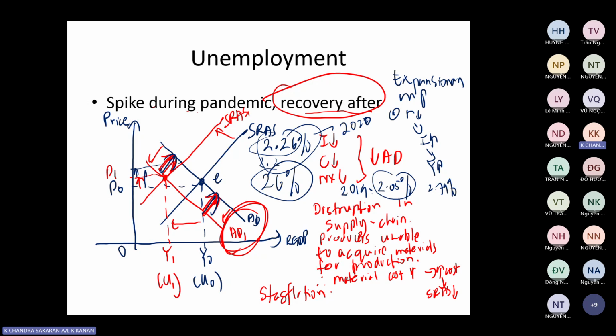So how has the spending gone up? Two ways. One is fiscal policy. Number two is monetary policy. But your focus will be to talk about the monetary policy used by the government of the country that you have chosen during that period. So all this kind of data is very important for you to have in order to support your argument and to relate to the theory that you have explained.